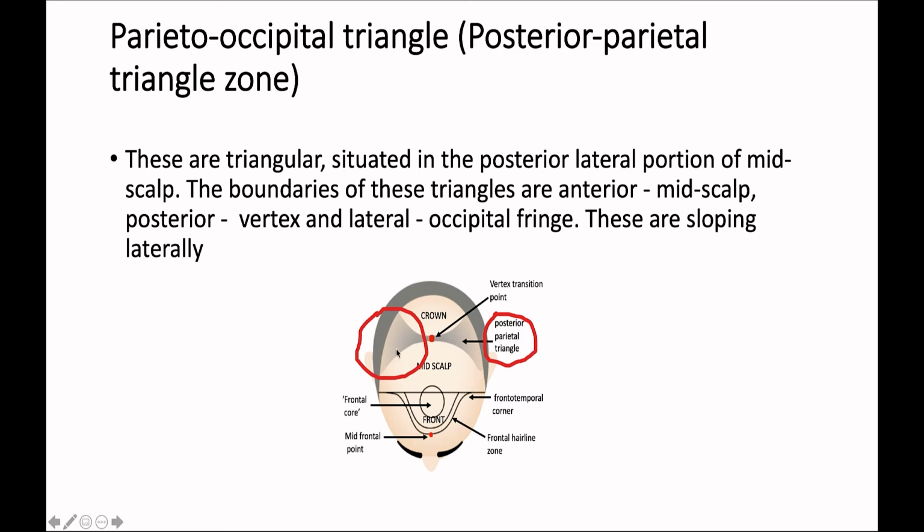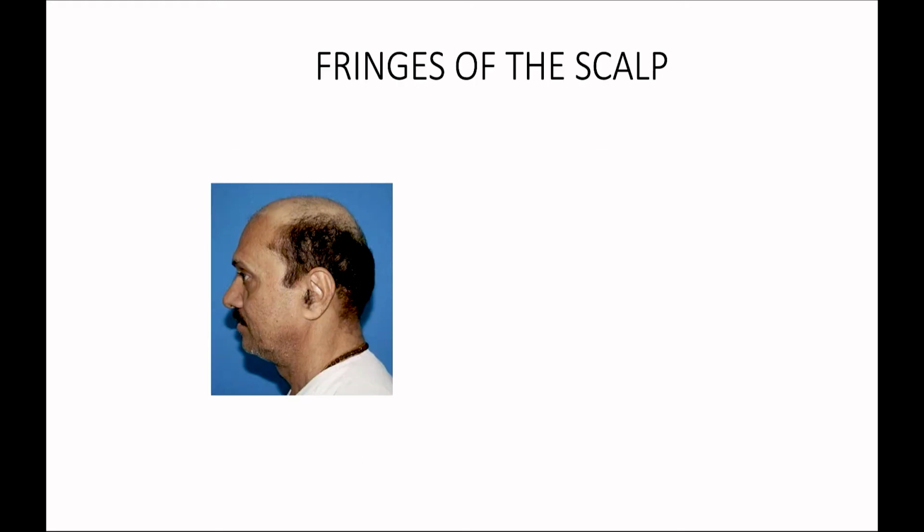These are sloping laterally, and these are very important because the parietal eminences are there, and when there is a lowering, then these parts become more prominent and show in the lateral pictures of the face when further hair loss takes place.